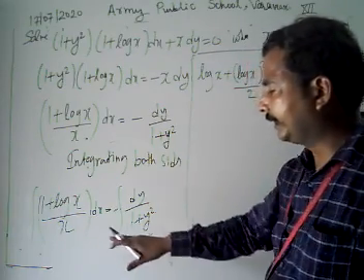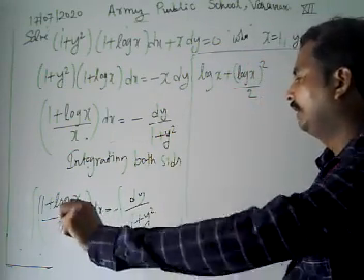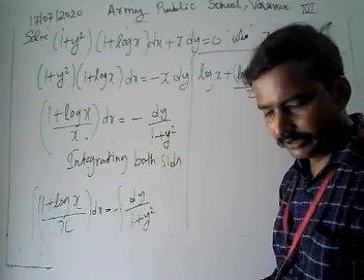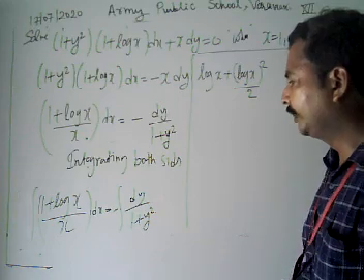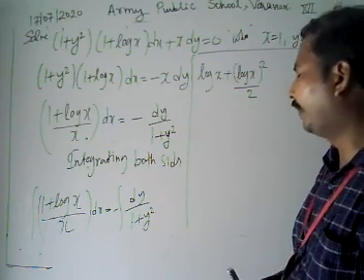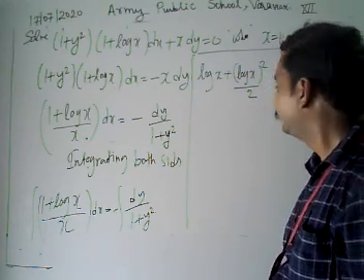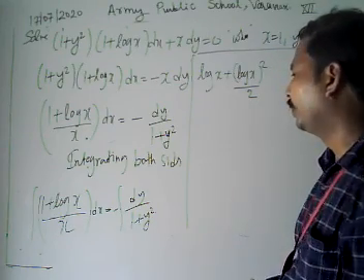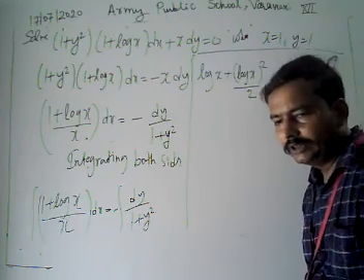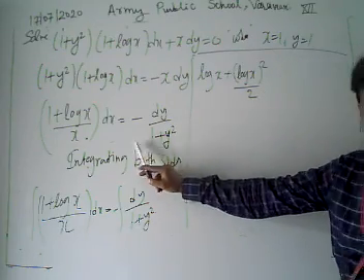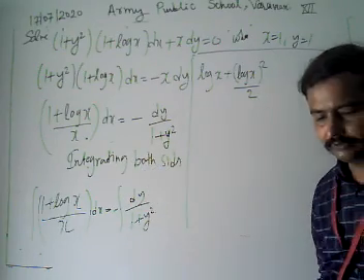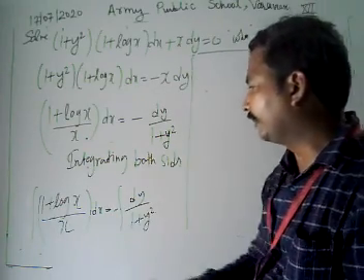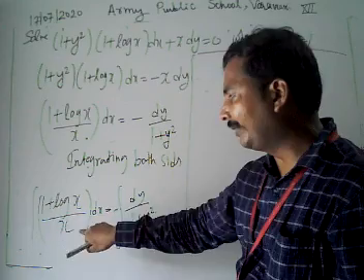We can also solve by taking 1 plus log x as t, then 1 by x dx is dt.